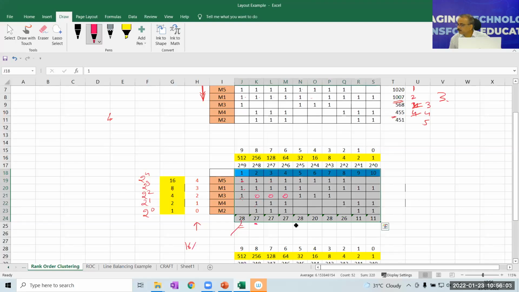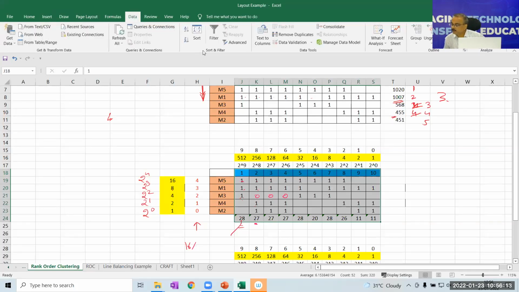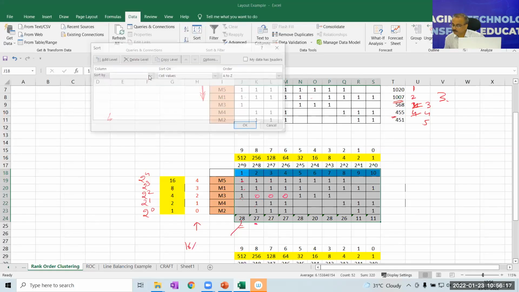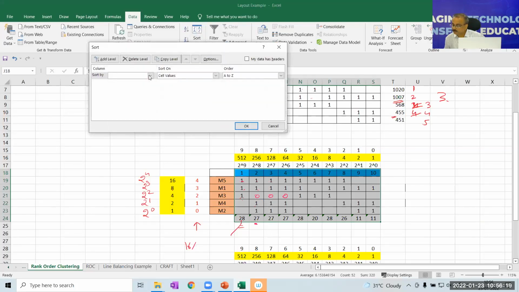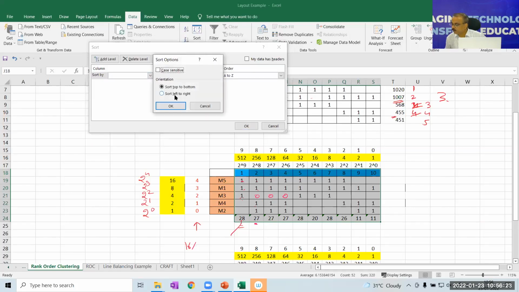For that, you will have to select the components and then go to the data, sort. So here now you will have to sort it in terms of the row values. So you will change it from the options. So from left to right, click OK.